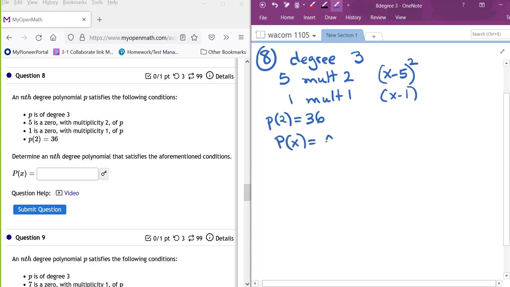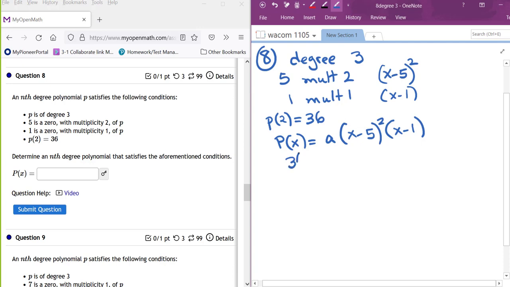So we have an a, which we don't know what it is, x minus 5 squared, and x minus 1. And now we're going to use the last condition to help us find the a. So this whole thing is equal to 36 when we plug in 2. So this is the y, this 2 is the x.